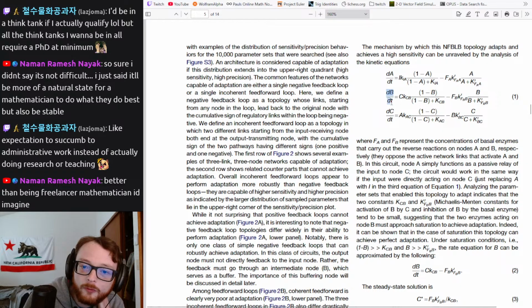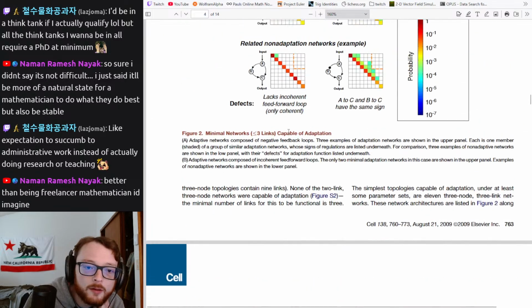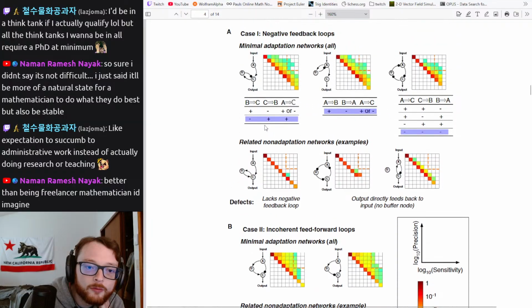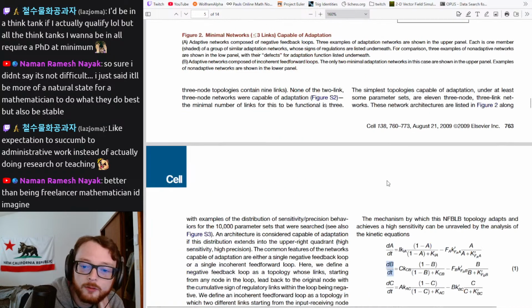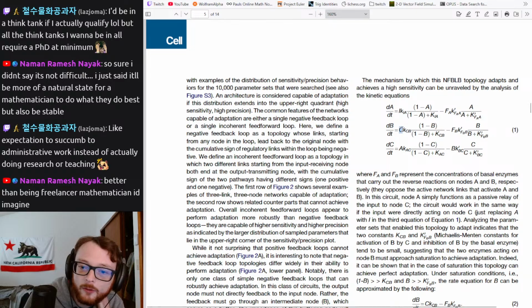And then B is increased by the amount of C, because C has a positive connection to B. So the concentration of C times some interaction parameter from C onto B. And then this is just the kinetics of B, I guess.